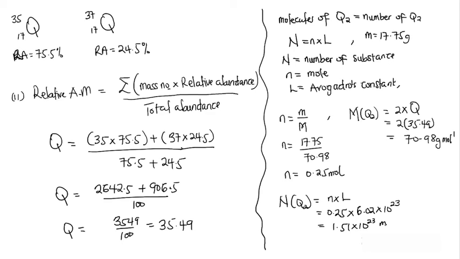So the number of molecules of Q2 present in 17.75 grams of Q2 is 1.51 times 10 raised to the power 23 molecules.